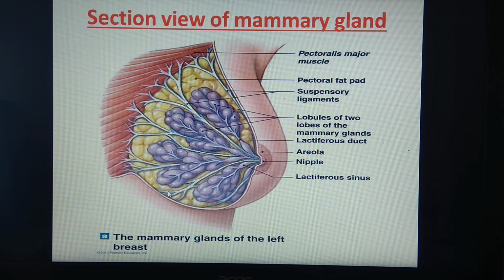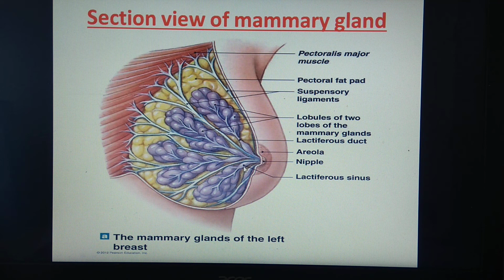Now, how are these mammary glands controlled? Development of the mammary gland occurs at puberty. The hormones responsible for development of the mammary glands are estrogen and progesterone, as we have studied before. One more hormone, the lactotropic hormone called LTH or prolactin, helps in development of the lactiferous tubules.